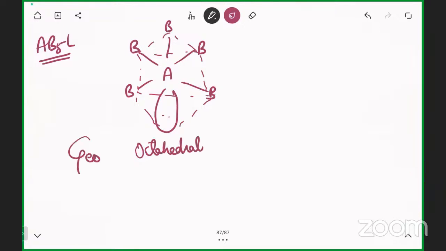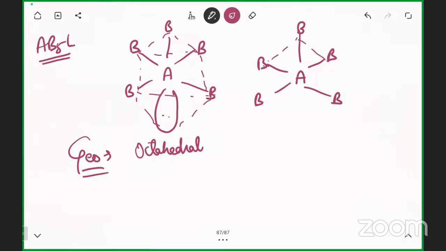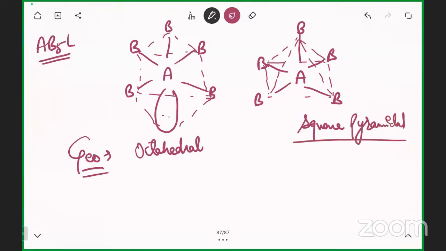The geometry of the molecule will be octahedral. But if I remove this lone pair, it will be A, B, B, B, B, and one B. In the middle there is a formation of a square, and if I join all this, it forms a pyramid-like structure. So it will be square pyramidal. Not bipyramidal, just pyramidal, because one pyramid is forming. Example, you can take BrF5.